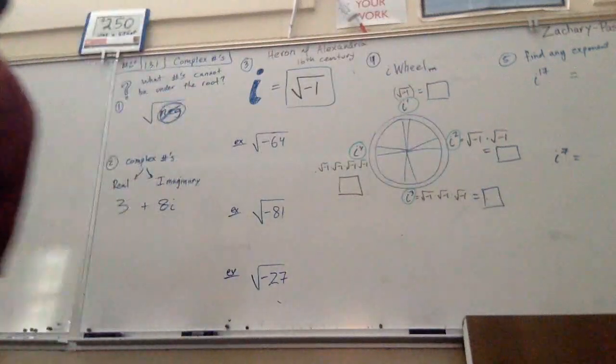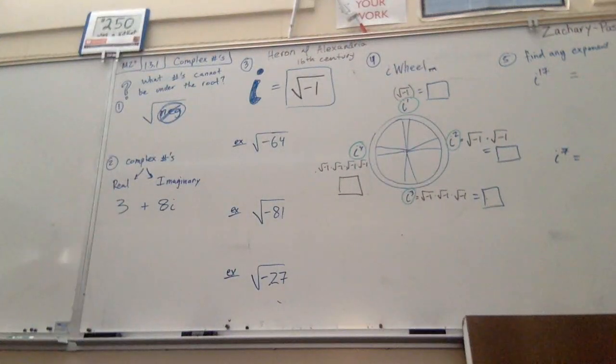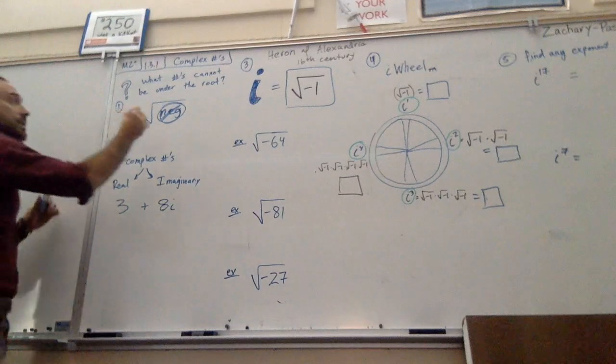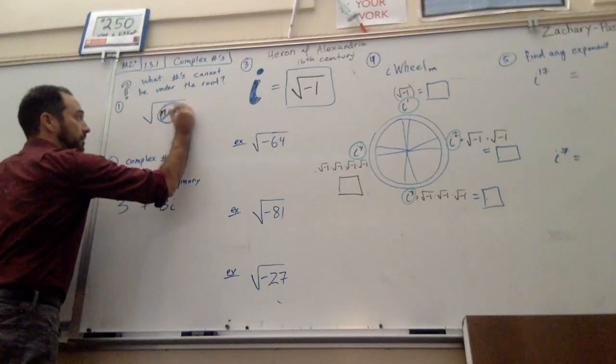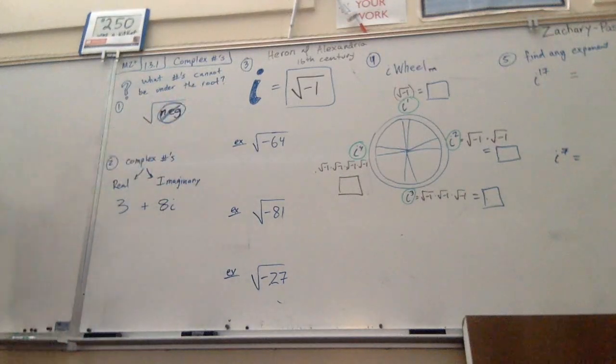This allows us to continue with the problem instead of having just a negative under the root, where we can't do anything else. So when you have a negative under the root, we're using this concept to continue.